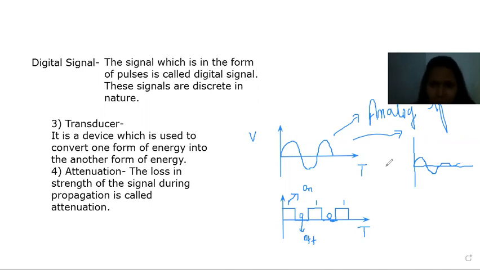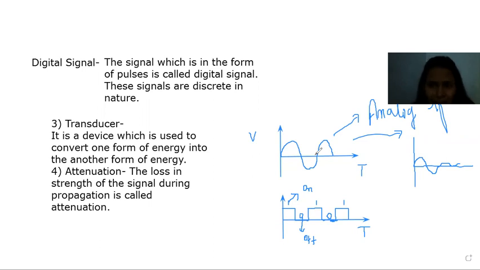So when an electrical signal travels through the channel, some unwanted disturbance is added to the electrical signal.